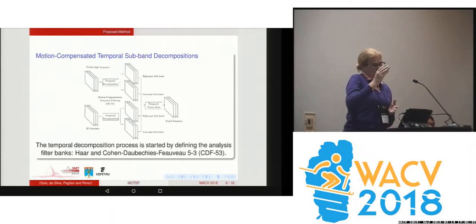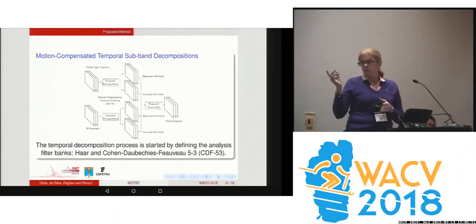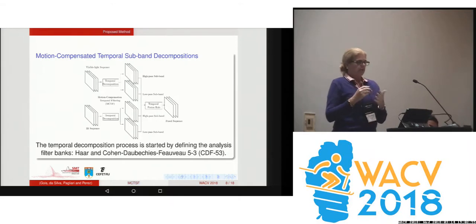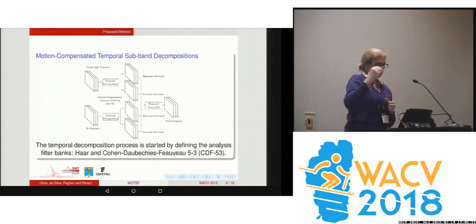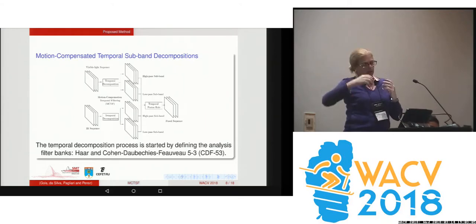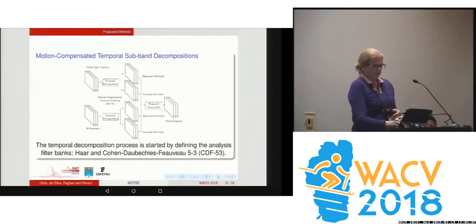We do the temporal decomposition using two filters, the Haar and the Cohen-Daubechies-Feauveau 5/3, also known as Le Gall 5/3. And we split into high band and low band, and we perform the fusion with a temporal fusion rule.